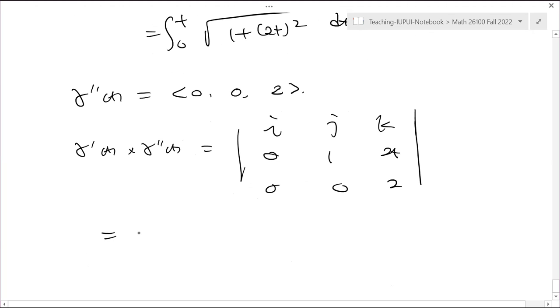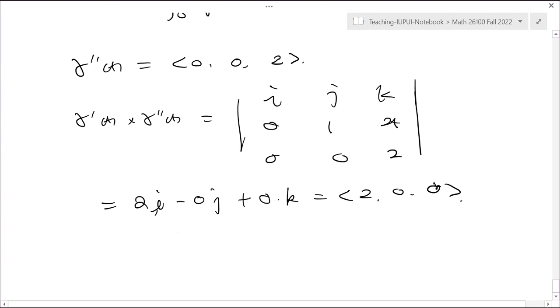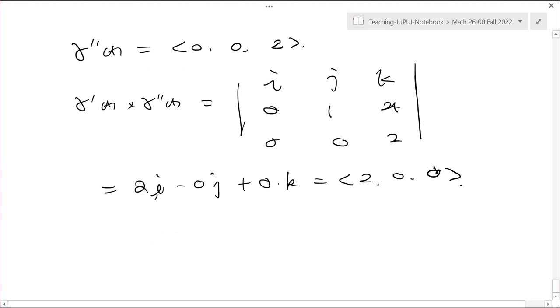All right, so it's going to be 2i. I think it's going to be 0. Another one is going to be also 0. Okay, so it's going to be 2, 0, 0. It's very interesting. So it's a constant vector. That's okay.